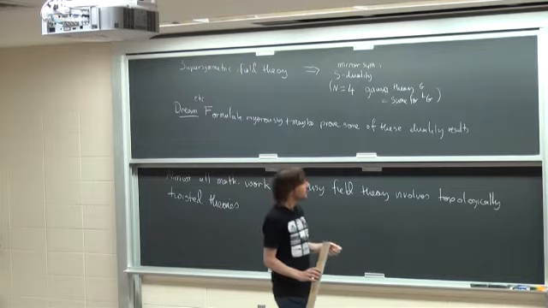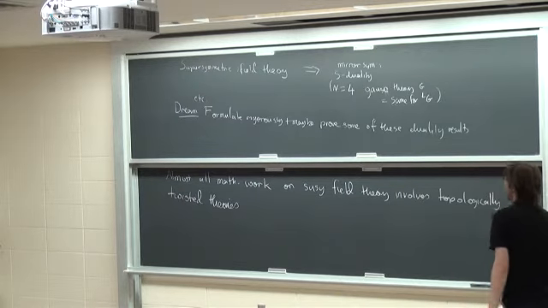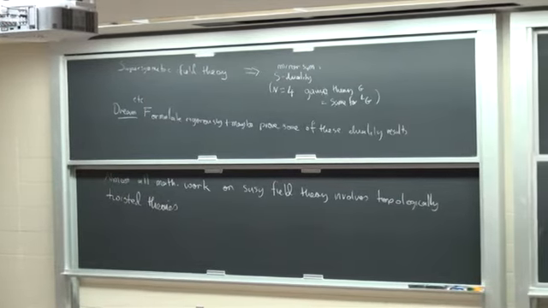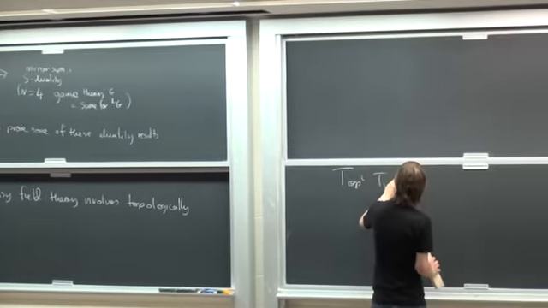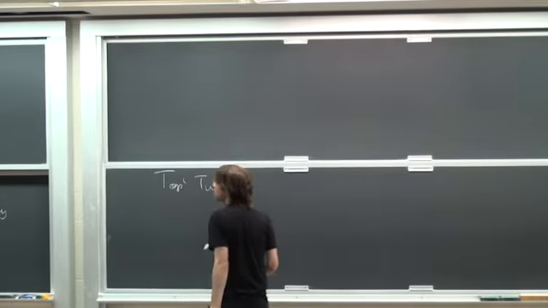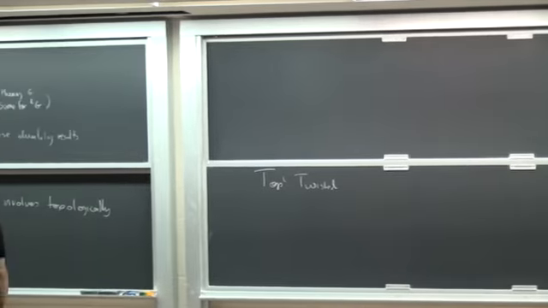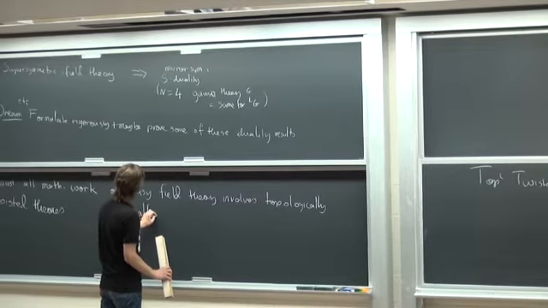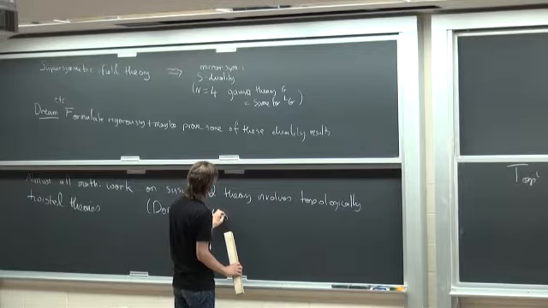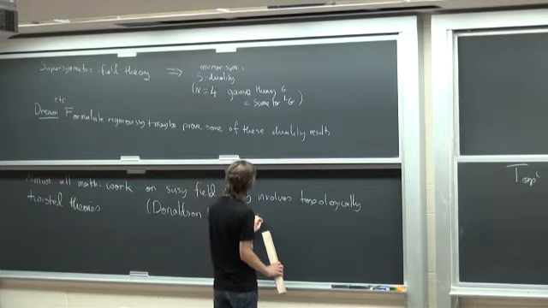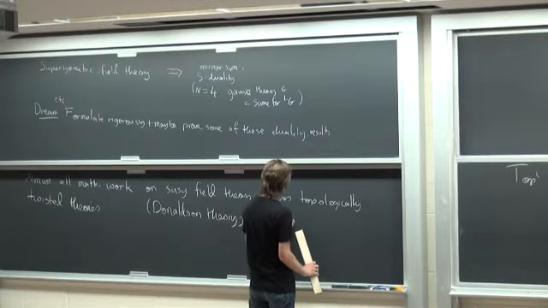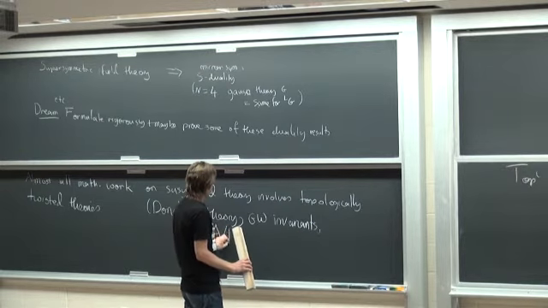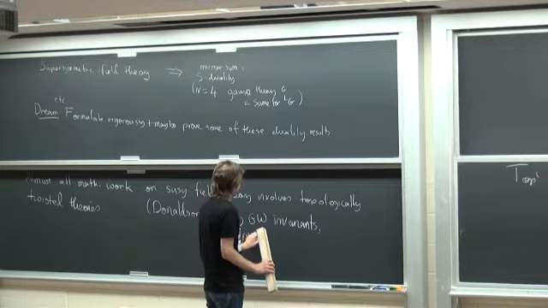For example, Donaldson theory, Gromov-Witten invariants, and the A and B models of mirror symmetry.